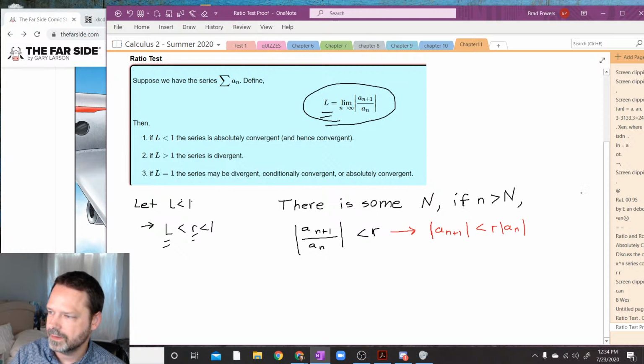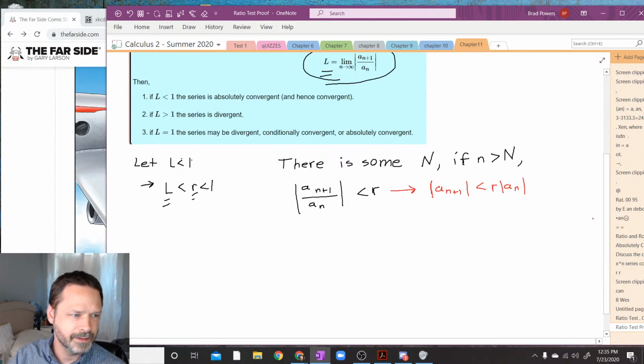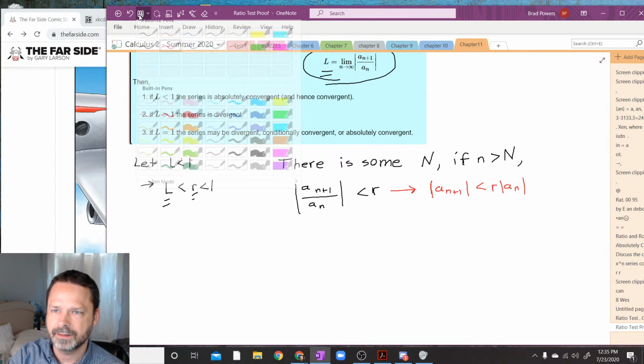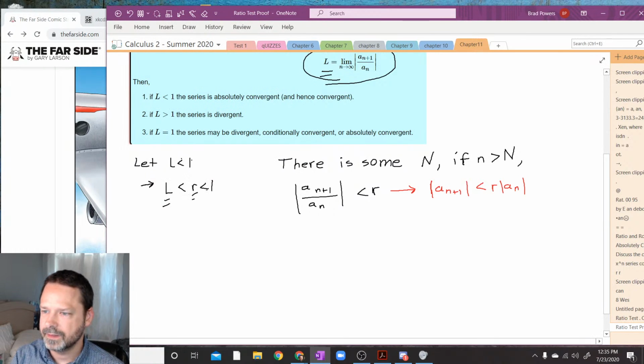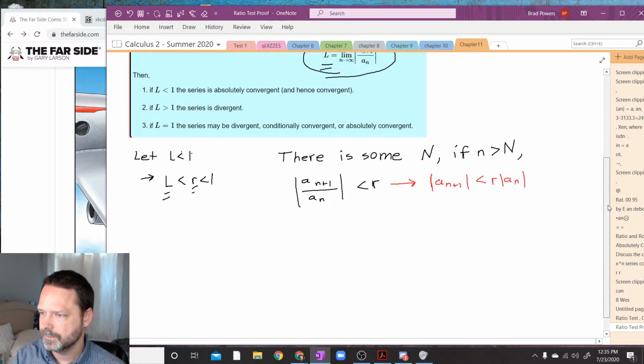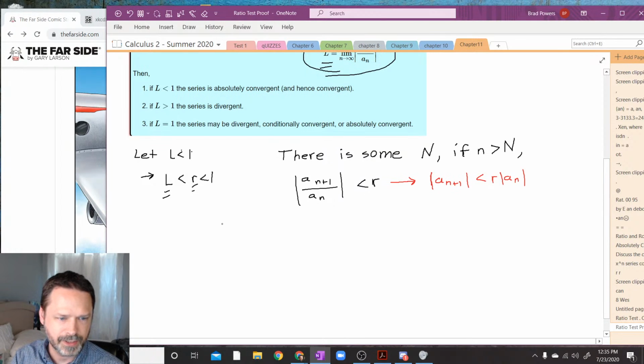Now, assuming we've got this assumption here, what does that mean? Well, let's pick those values for n, shall we?